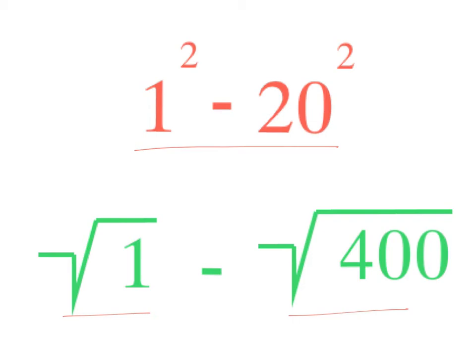Meaning, if I were to give you the square root of 144, do you know that that is 12? Because 12 times 12 is 144. If I were to give you 11 squared, do you know that 11 times 11 is 121? This is what's expected from this unit.